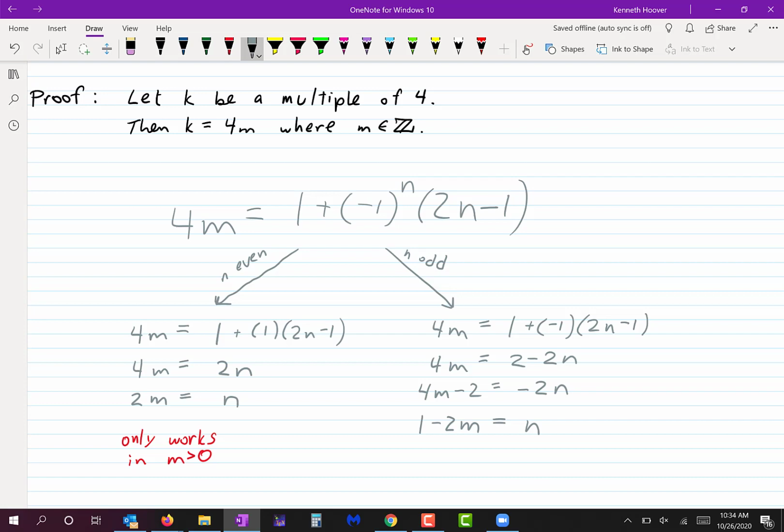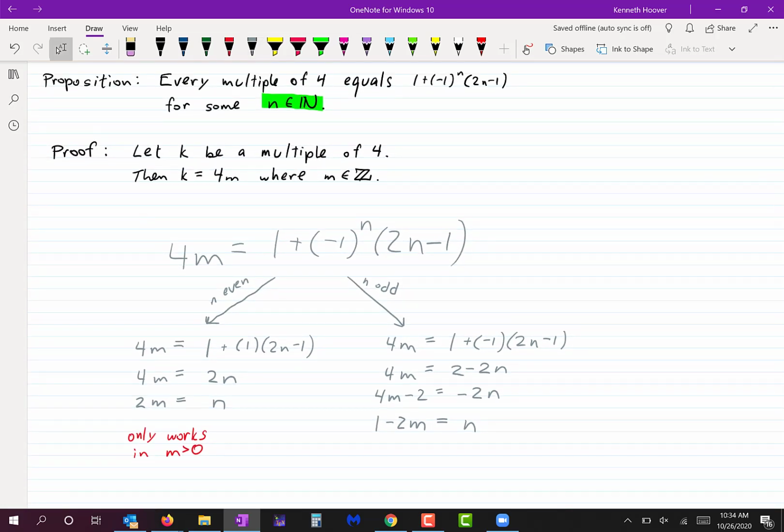But again, remember, our n is supposed to be a natural number, which means it's supposed to be even. Sorry, I didn't mean to say even at all. I meant to say positive. So 1 minus 2m would have to be positive. Which means 1 would have to be bigger than 2m.